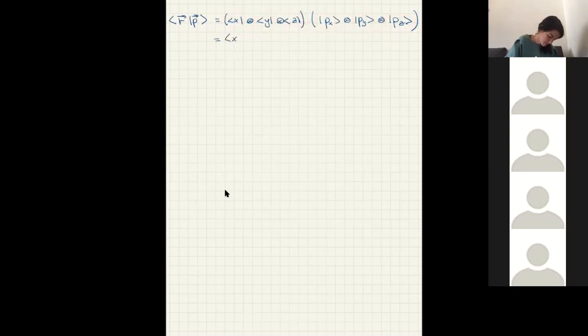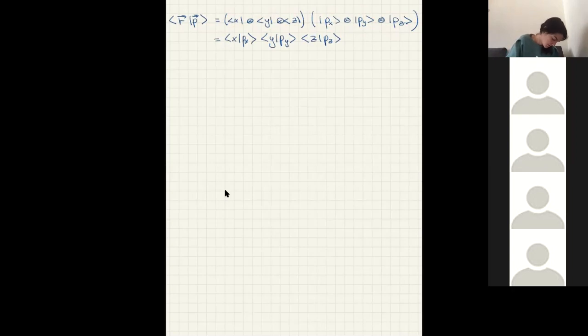So you get x px. Now this is a number, so we don't need the tensor product anymore. Y py is another number. Z pz, right? And each of these, we know what they are because it's just the inner product between x and p for each of the lines, right?